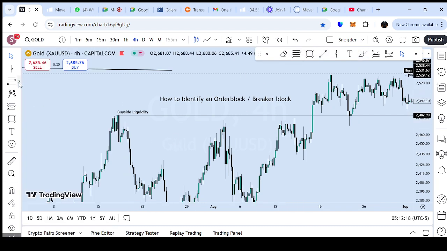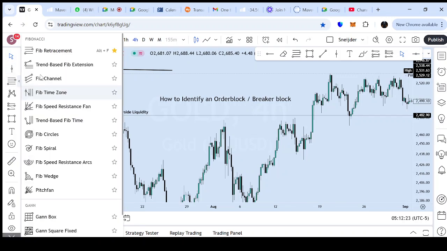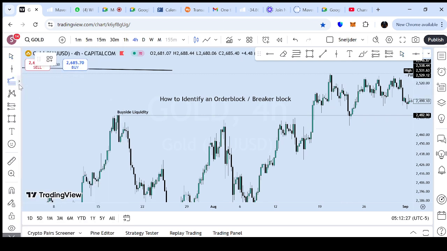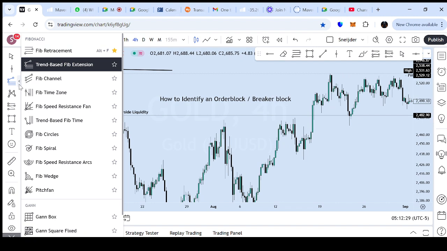So for the third tool, which is this one, here we get the Fibonacci retracement, which we use to measure the 50% level of any inefficiency or PDA array like the order block, mean threshold, breaker, half of it, fair value gap, the consequent encroachment of it, or a trend line or a price movement to get the equilibrium.